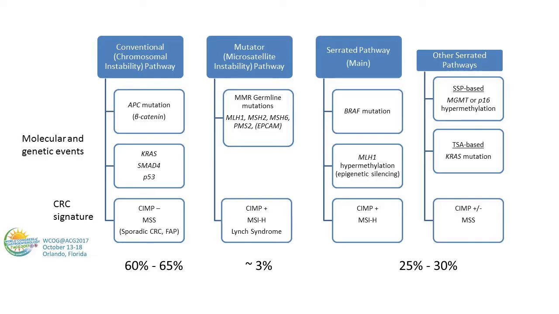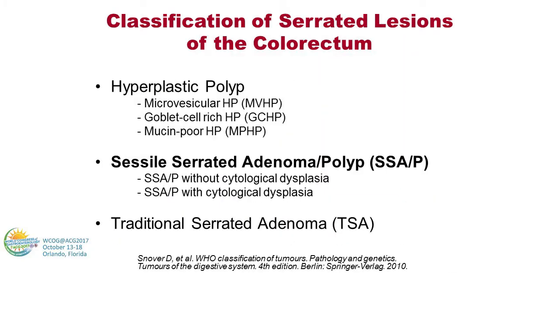When this hypermethylation hits a critical gene, say, for example, MLH1, which is one of the mismatch repair genes, this gene is silenced, leading again to a CIMP-high microsatellite unstable tumor. These cancers, although they have a comparable molecular signature, are different because the gene itself is not mutated, it's epigenetically silenced.